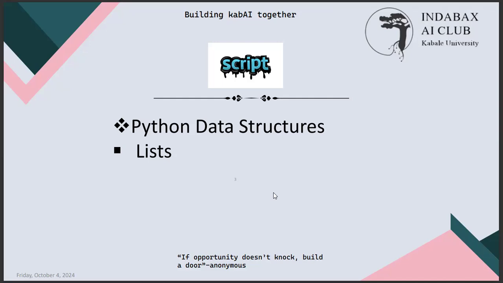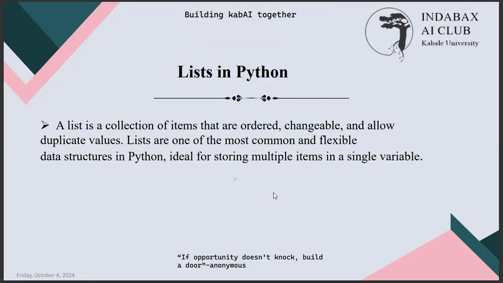We looked at lists, though not in detail, when we were dealing with loops. So today we are going to dig deep into lists. We see how they operate and things like that. So a list is a collection of items that are ordered, changeable, and allow duplicate values.